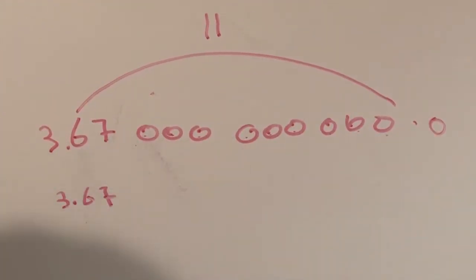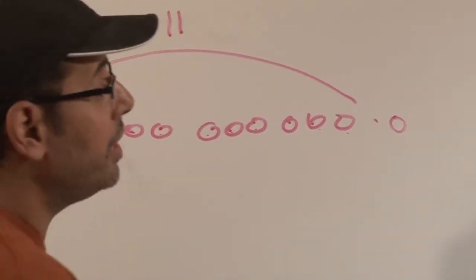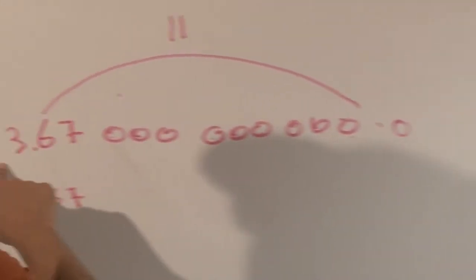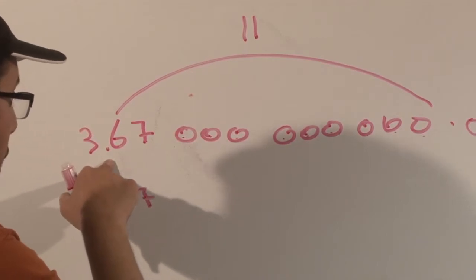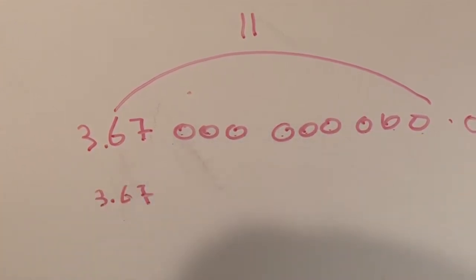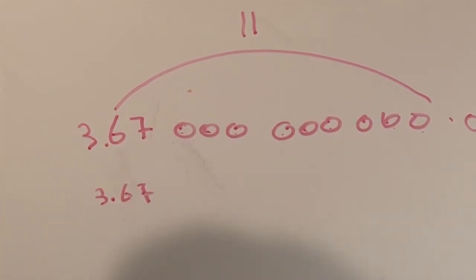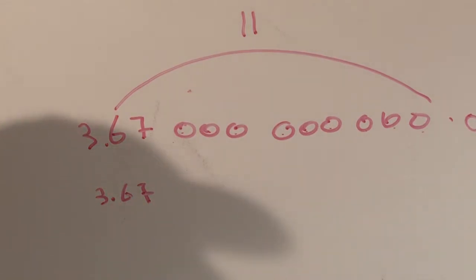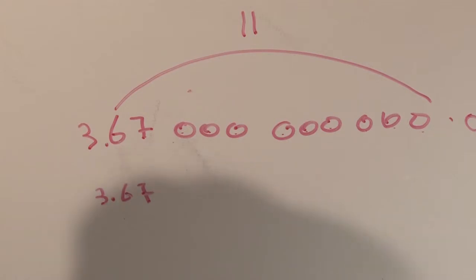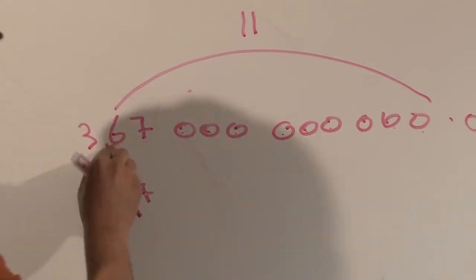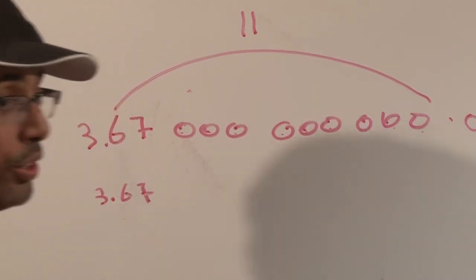This is step 1. The second step: is this number a fraction, less than 1, or more than 1? Actually, I see it's more than 1. It's 367 followed by zeros.